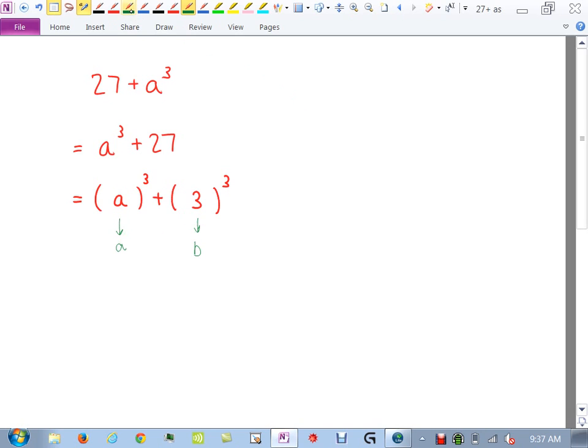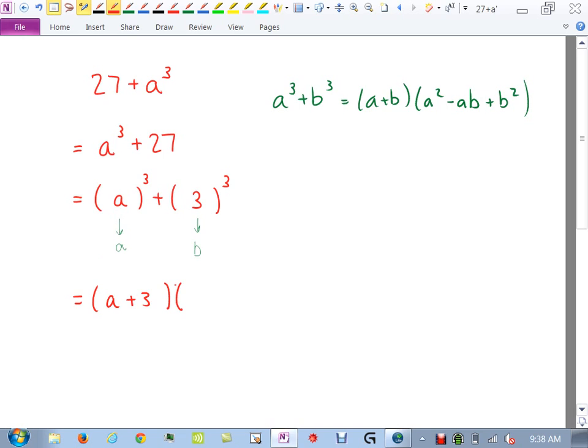I'm going back to that formula from last class. A cubed plus b cubed equals a plus b, a squared minus ab plus b squared, right? So if I do that, first thing I put is a plus b, which would be what? A plus 3.